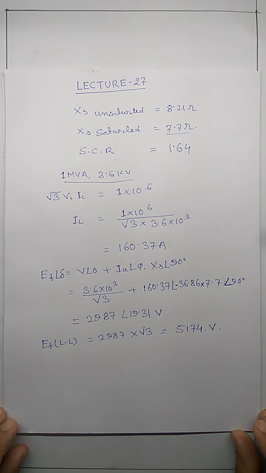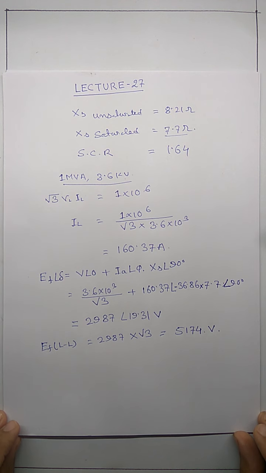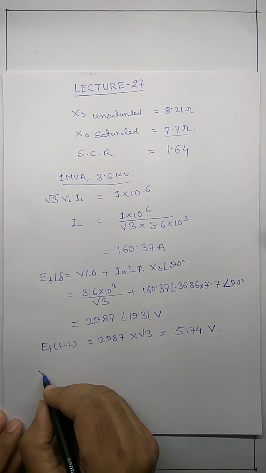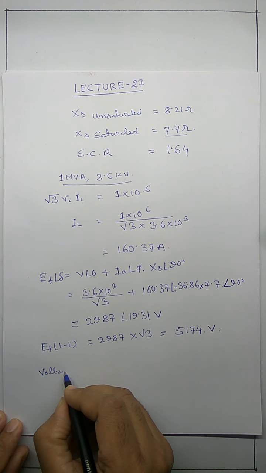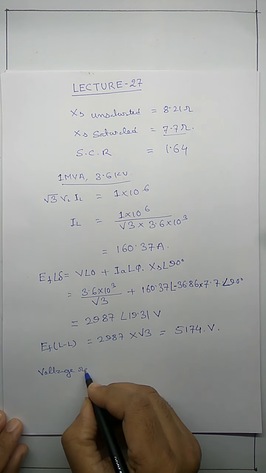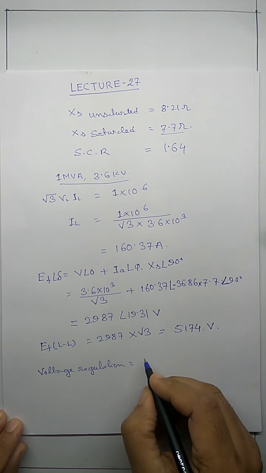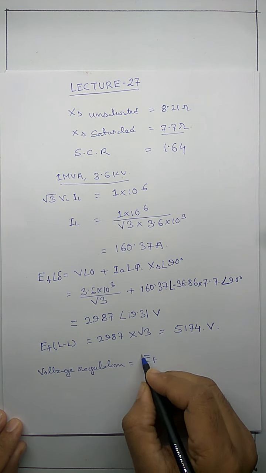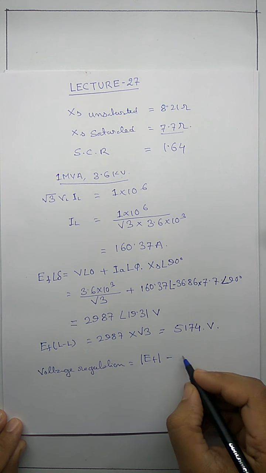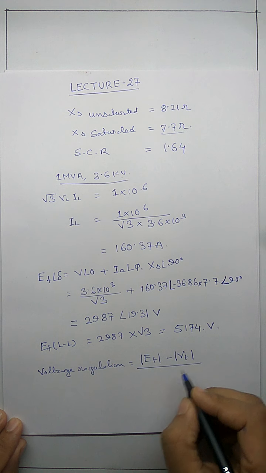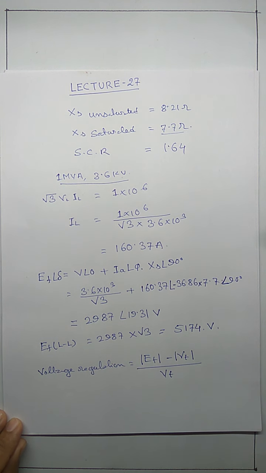The next part of the question is to find the regulation. How do we find voltage regulation? We write voltage regulation is equal to E_F, of course magnitude, minus V_t, terminal voltage, again magnitude, divided by terminal voltage.